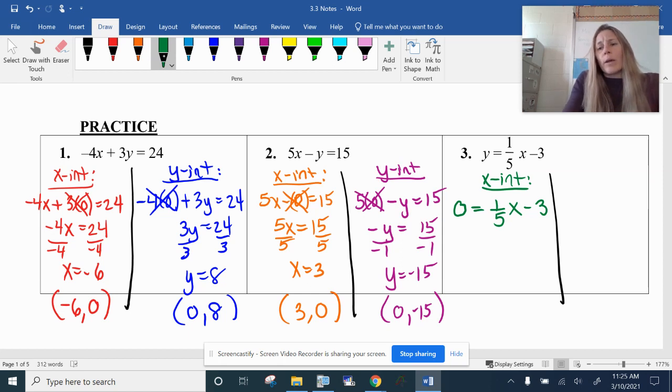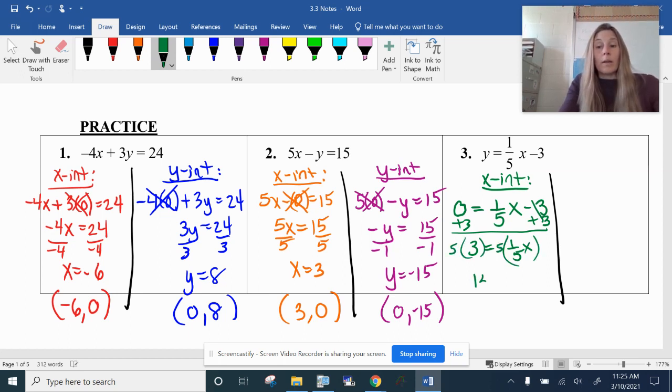So now for this one, because I do have a 0 here on the other side of the equal sign, and I need to get the x by itself, I would have to add my 3, giving me 3 equals 1/5 x, and then I would multiply both sides by the reciprocal of 1/5, or 5 over 1, and that would give me x equals 15, which means my x-intercept is (15, 0).